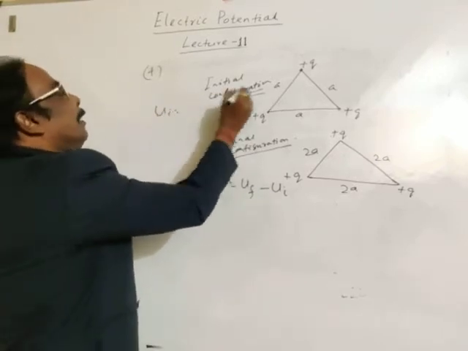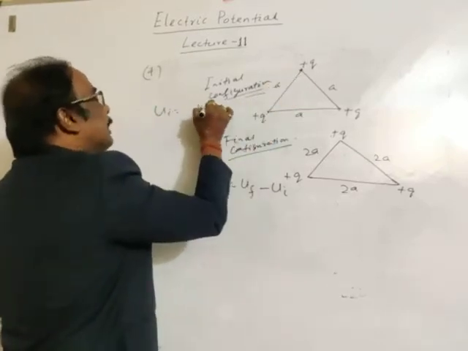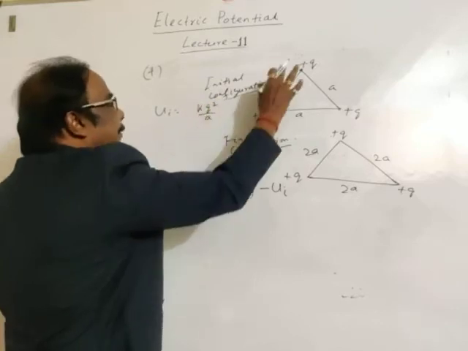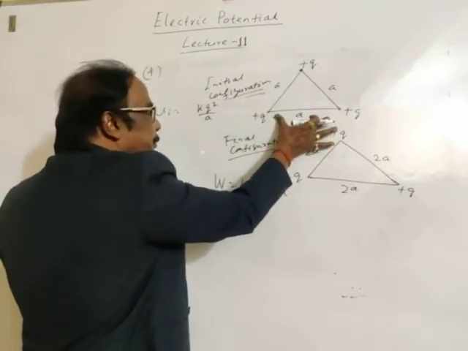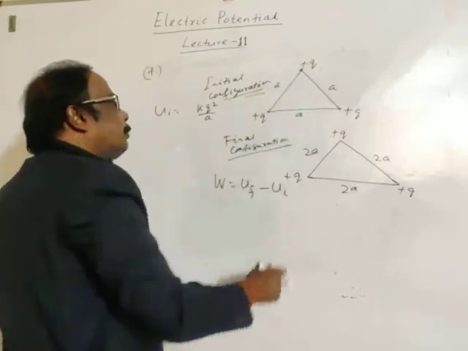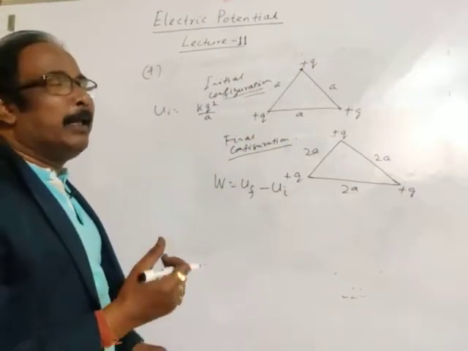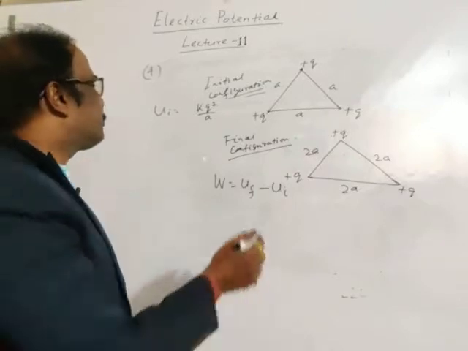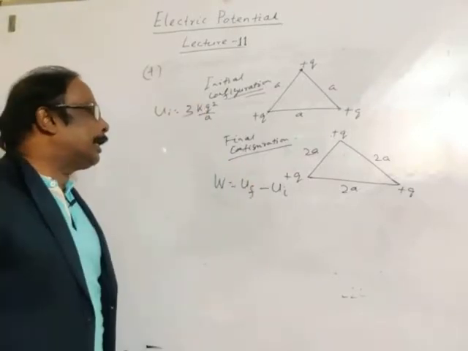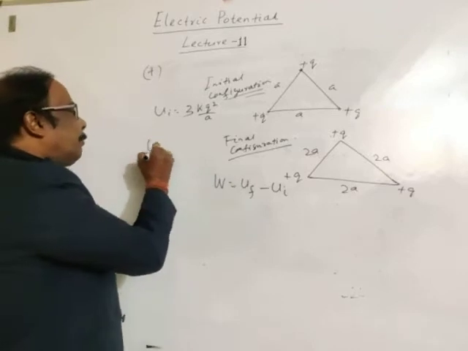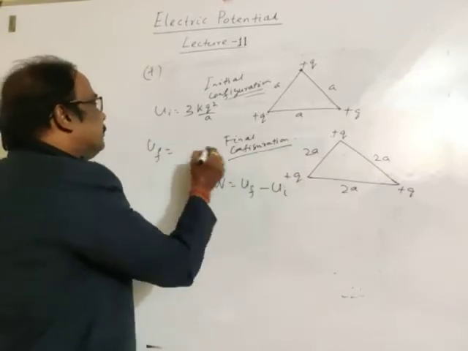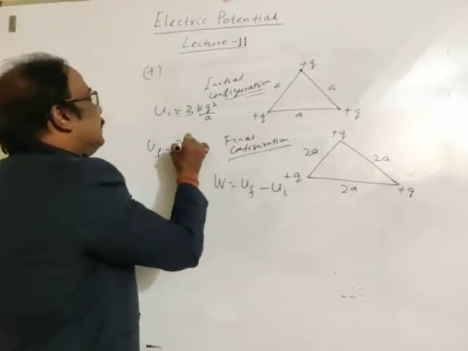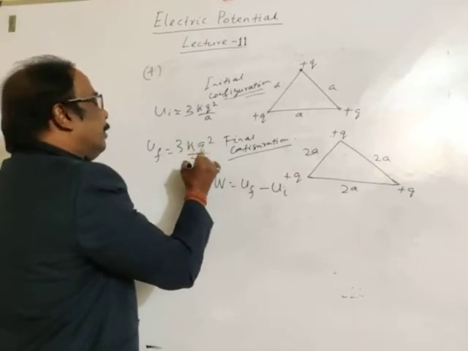Between these two charges kQ squared by A, between these two charges kQ squared by A, between these two charges also kQ squared by A. Potential energy and potential are scalar quantities, so the total potential energy is 3kQ squared by A, and the final potential energy, again in similar form, is 3kQ squared by 2A.